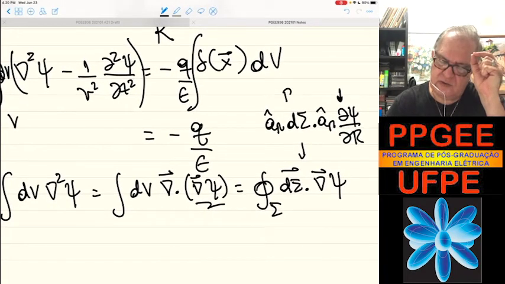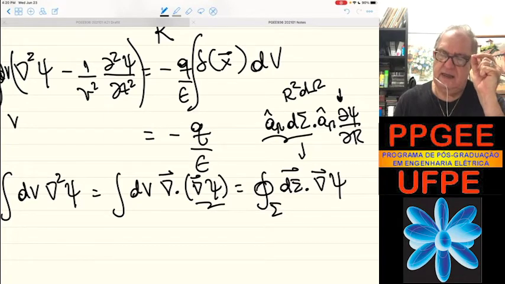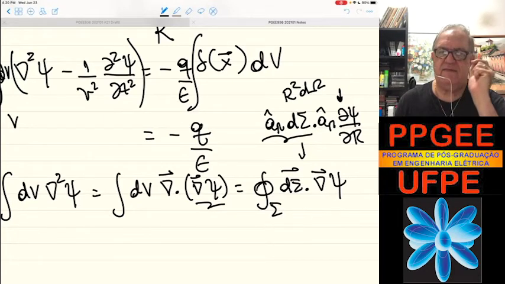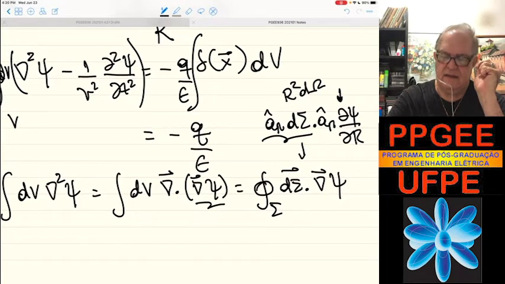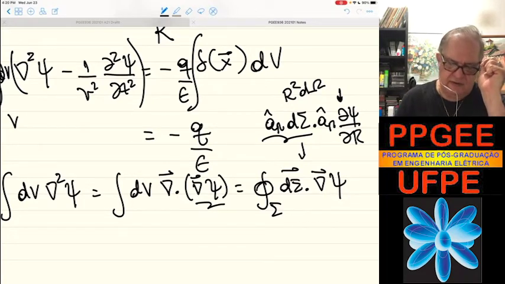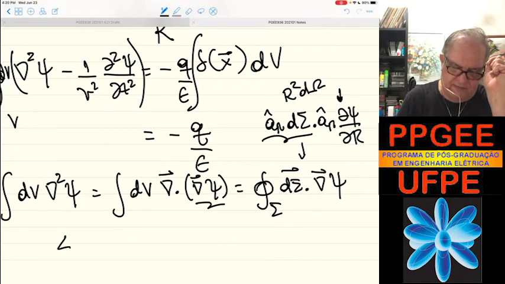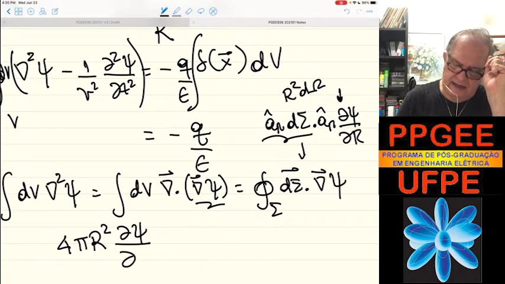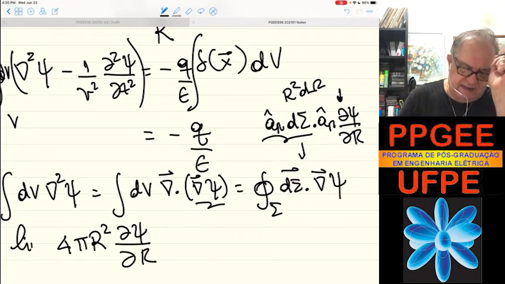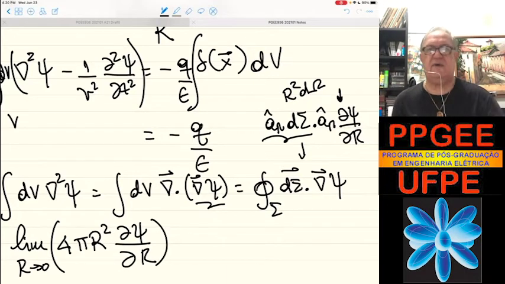This is r squared d omega, the radial component. If you calculate the integral, it's going to be 4 pi r squared d psi dr in the limit that r goes to 0. That's what we have to calculate for the first integral.